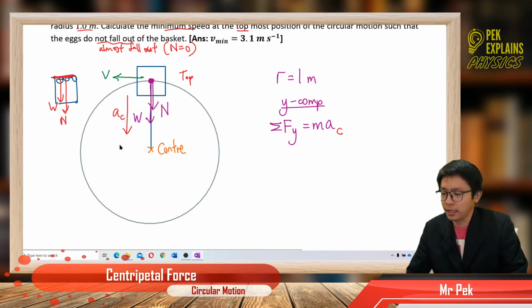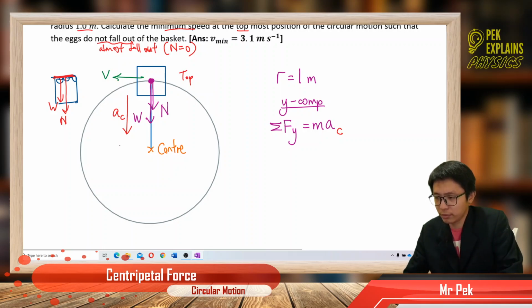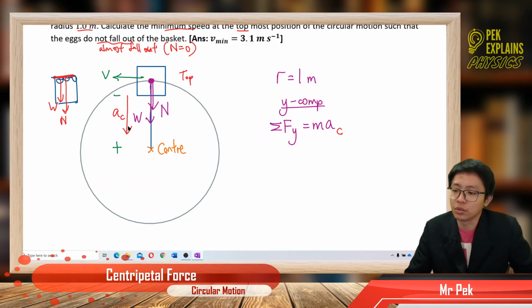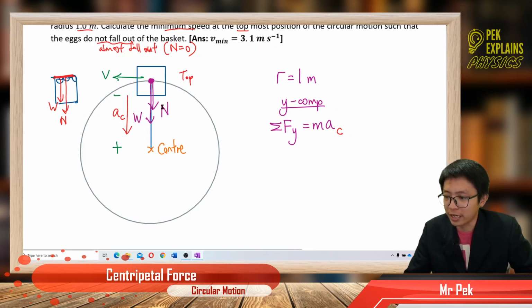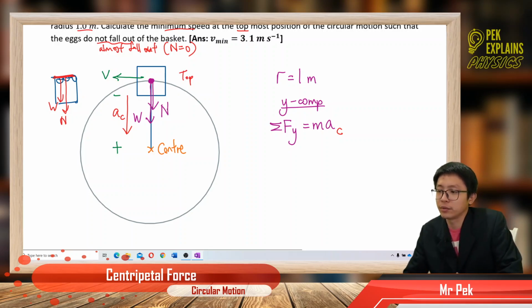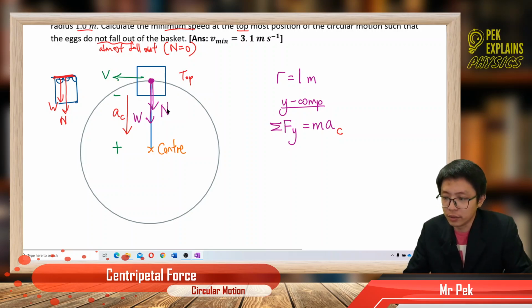Understand? And we must label positive and negative. Following the acceleration is positive, opposite to the acceleration is negative. Weight and normal force are in the same direction as the centripetal acceleration, so both of them are positive.